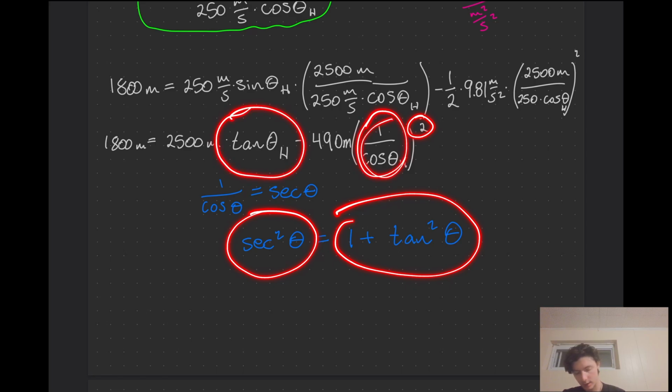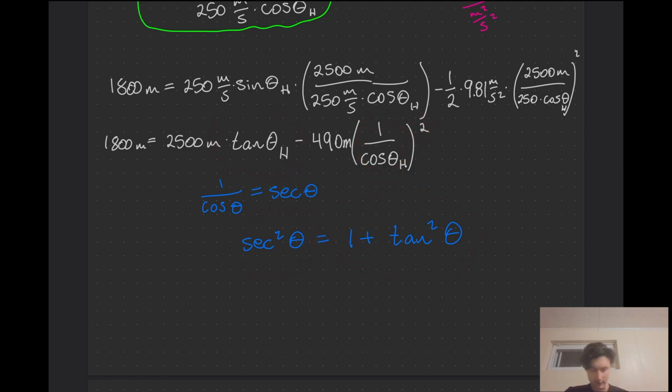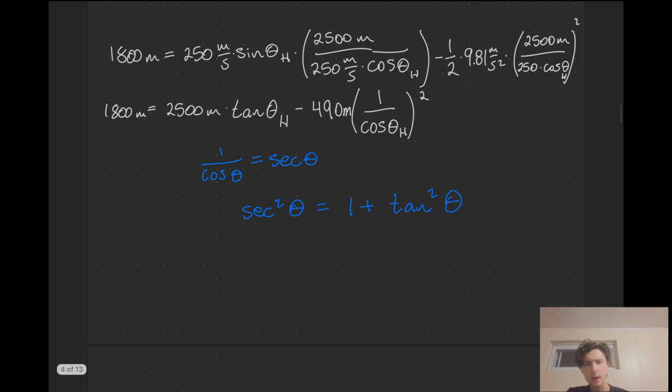Then you have tangent to the power of 1 and tangent to the power of 2, so now you have a quadratic equation. Just replace the tangent with x, and then you will get an answer for tangent of theta, and you can do tangent inverse to find the angles. So I used some language model to get these angles.